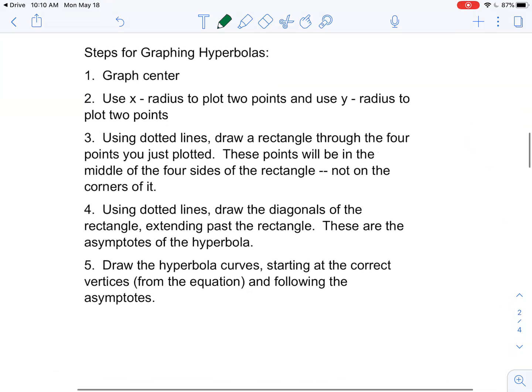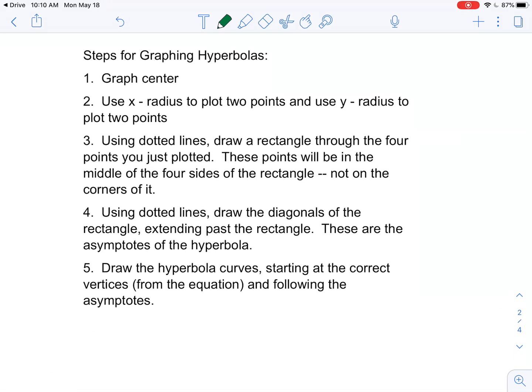Here are the steps for graphing a hyperbola. We're going to graph the center, and today all of our centers are going to be at 0, 0. You're going to use the x radius and y radius to plot 4 points. When we use the terms x radius and y radius, we're just looking at using the a and the b, depending on which way it opens.